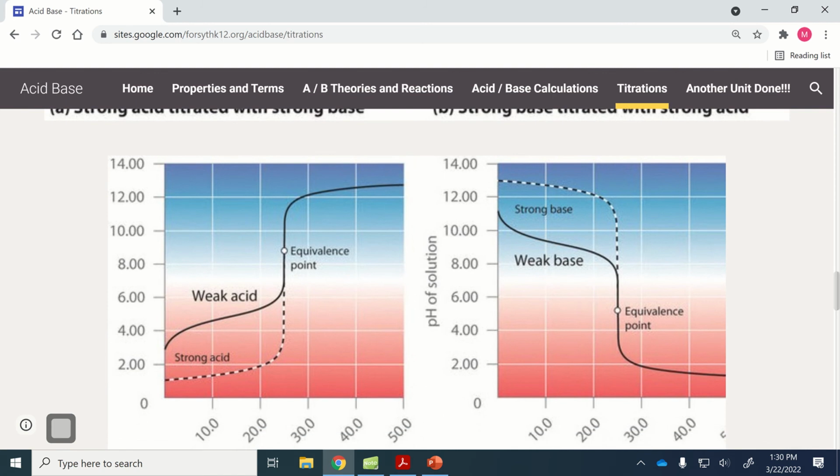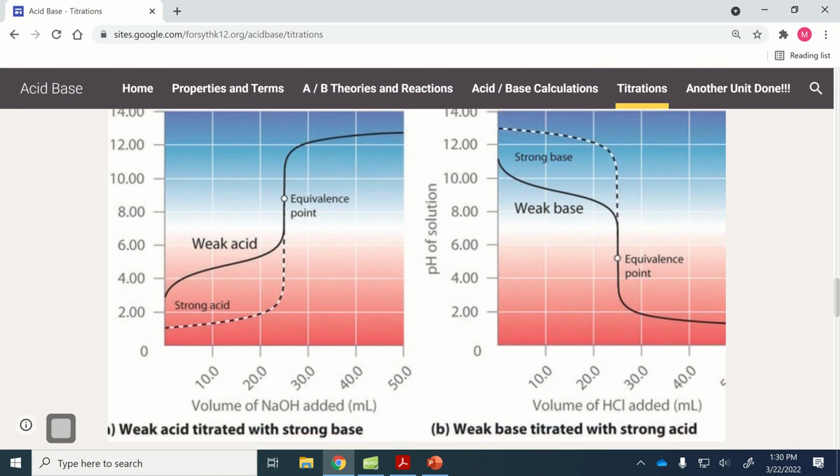Now, this is a weak acid with a strong base and a weak base with a strong acid. Again, I have the acid and then I'm adding the base to it, so the weak acid. For the weak acids and bases, you start a little bit higher on the pH scale. Not at 7, just a little bit below it, but not down at 2.